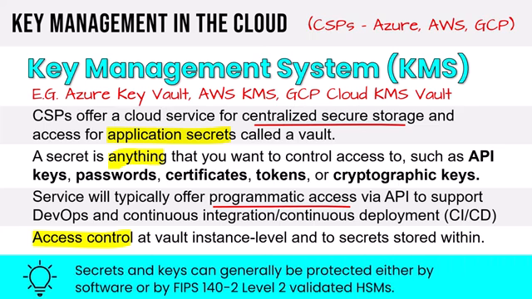And secrets and keys can generally be protected either by software or by a FIPS 140-2 Level 2 validated HSM. And whether you let the CSP manage keys in the back end or you require hardware management yourself or need to bring your own keys, that level of support is going to vary by CSP and you'll want to have those conversations directly.